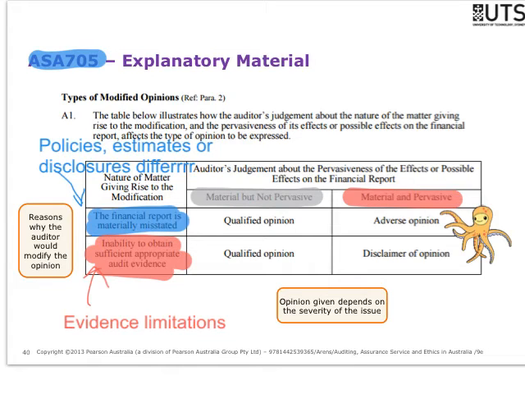Okay, so the example that Amanda always uses every semester is this octopus. If there is a pervasive misstatement, it's like an octopus, meaning that its tentacles are everywhere, right? It's all over the place. We have one error that branches out and affects all these other accounts.